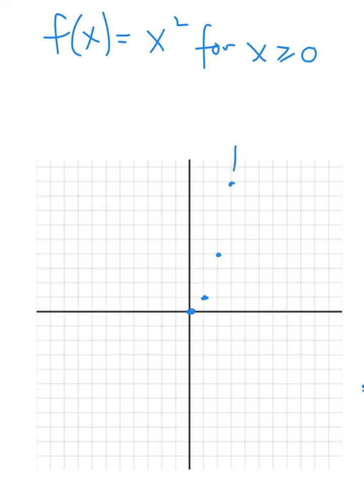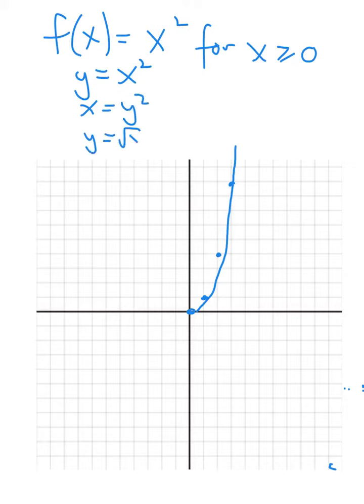That will be half the parabola we drew before. It's still a function, still passes the vertical line test. If we now go through and follow the rules for finding the inverse, we replace f of x with y, interchange x and y, and now solve for y, we get y equals root x.